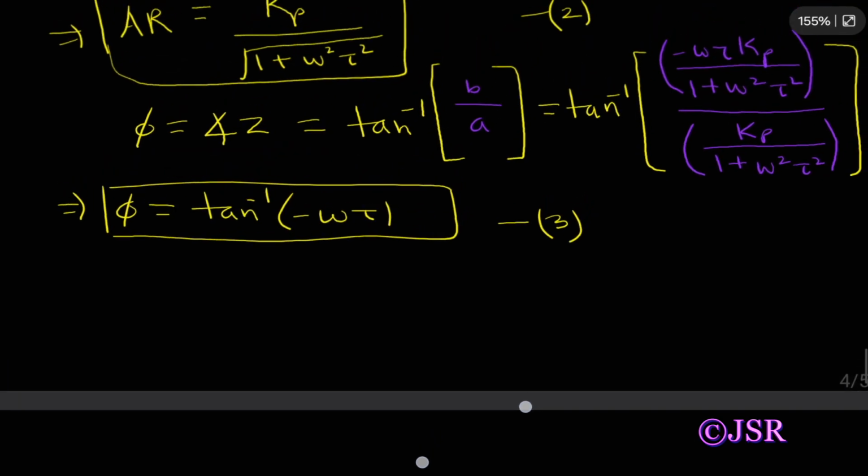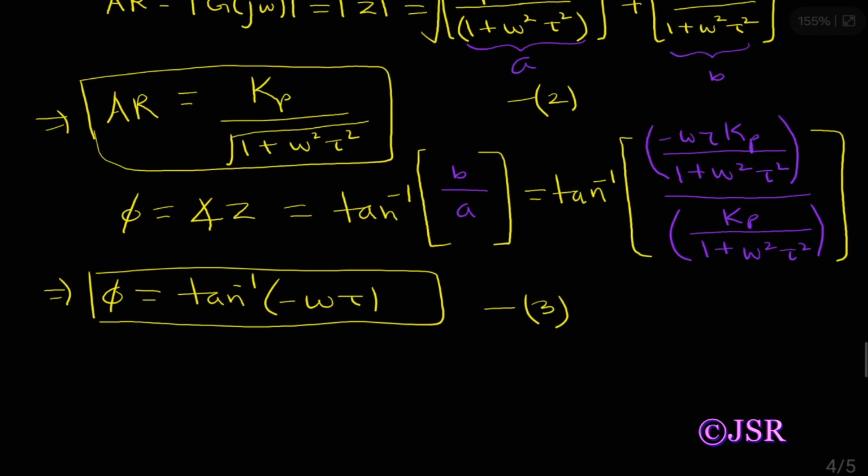So to plot the Bode diagram, from equation number 2 and equation number 3, we can conclude that amplitude ratio and the phase shift both are functions of input frequency, that is omega.